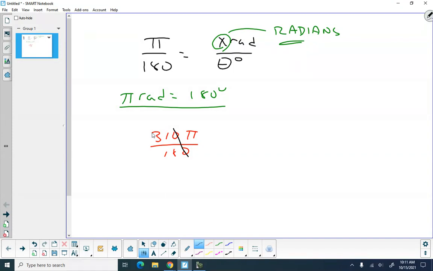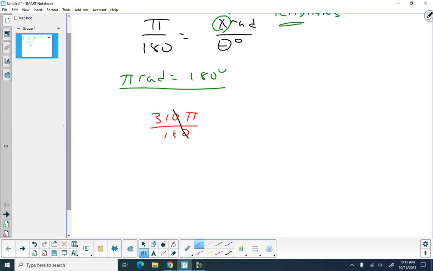So if I take a look at problem number 12, you have 258 degrees, and you want a decimal approximation. Well, this is our theta value.